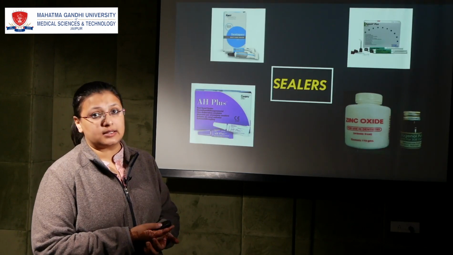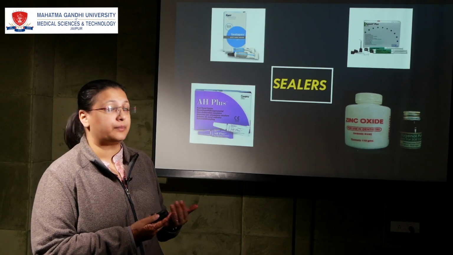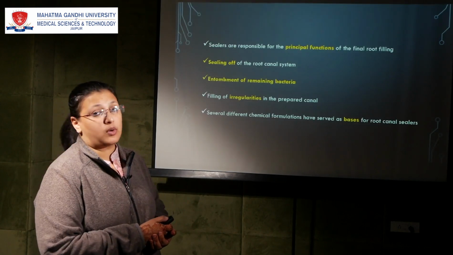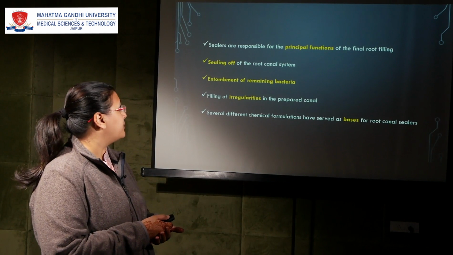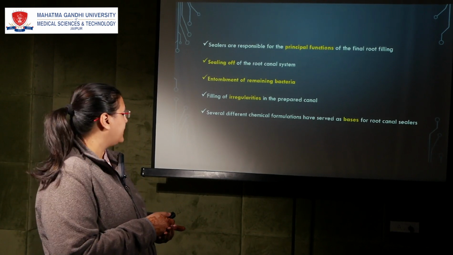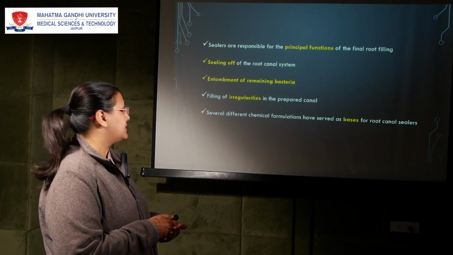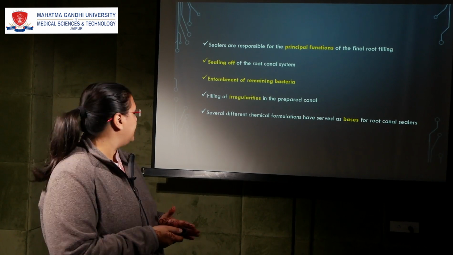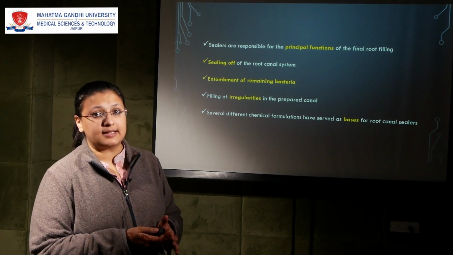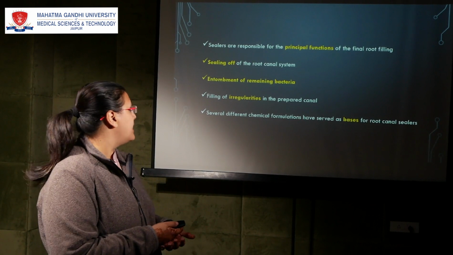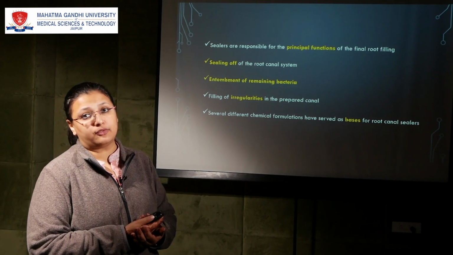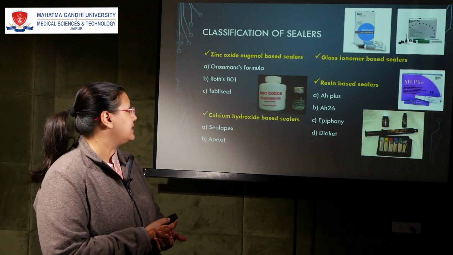Now coming to sealers, which are used in conjunction with the gutta-percha. So basically they are responsible for principal functions of final root canal filling. They seal off the root canal system and entomb the bacteria. Filling of irregularities is also done with the help of sealers, and several different chemical formulations have been used as sealers.